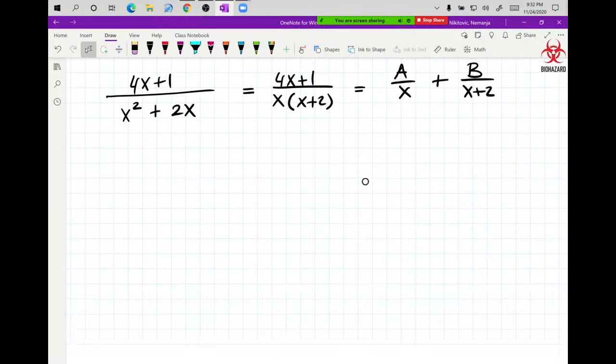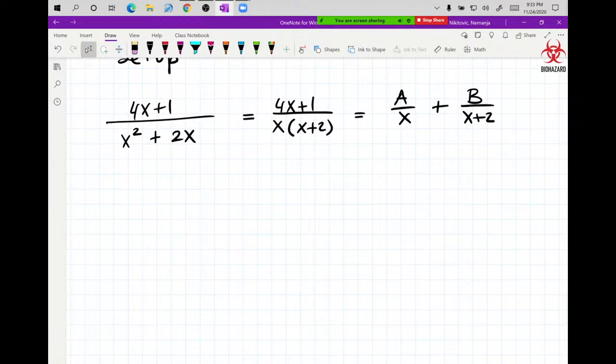Now, there's a way to solve this, obviously, but I'm just talking about a setup. Let's say you have (3x - 1) over (x cubed + 4x).